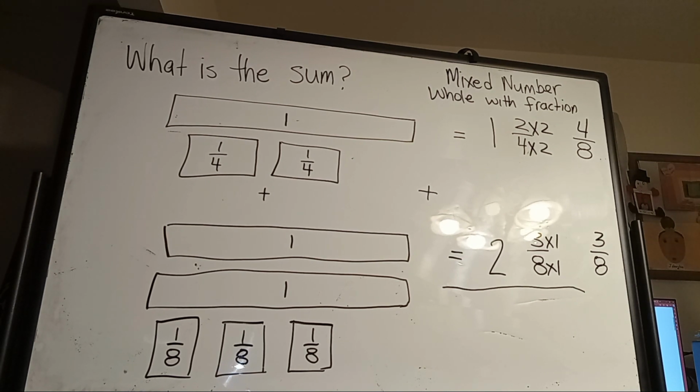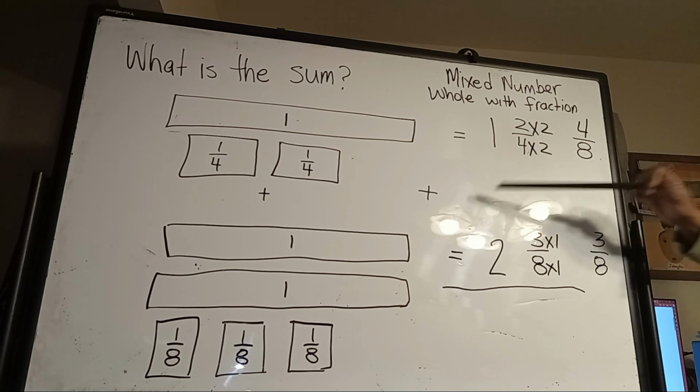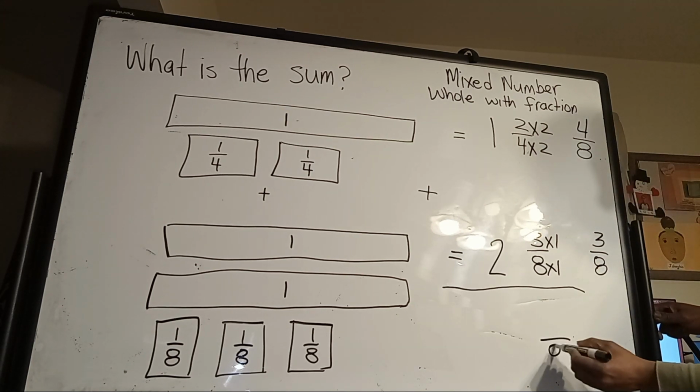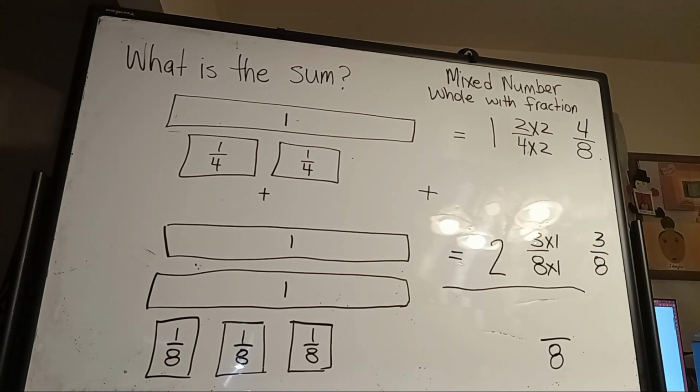Once that occurs, we can go ahead and use the operation of addition and add. Since we have the same denominators, I like to go ahead and set my answer's denominator to the 8 that we just got to. So that's already there.